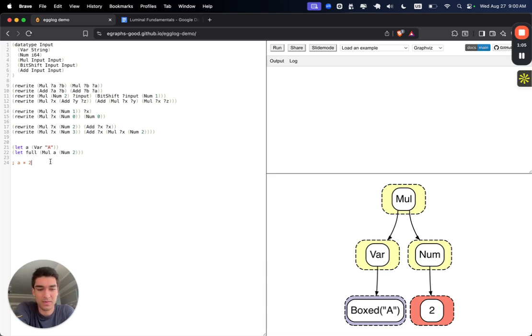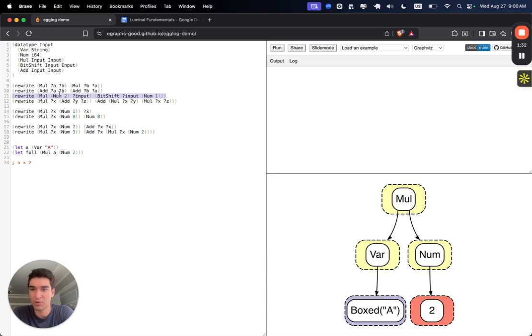Now, for our case, we want to find all of the different equivalent equations, and the way that we tell egglog what's equivalent is with these rewrite rules. So you can see these first two are just the commutative rules. So we have a times b is equal to b times a, a plus b is equal to b plus a, etc. And then here we have kind of a hardware rule, right?